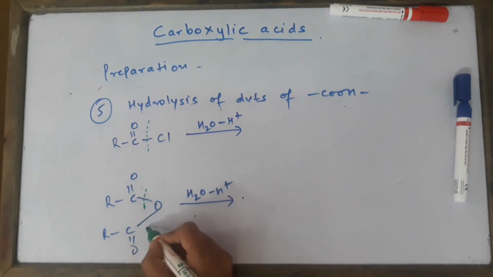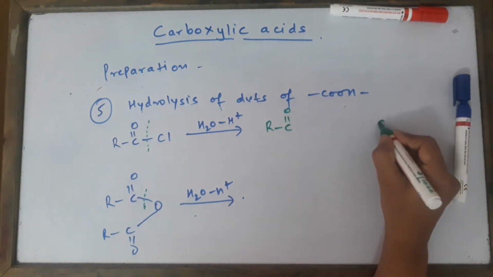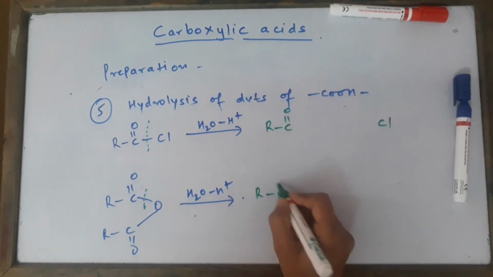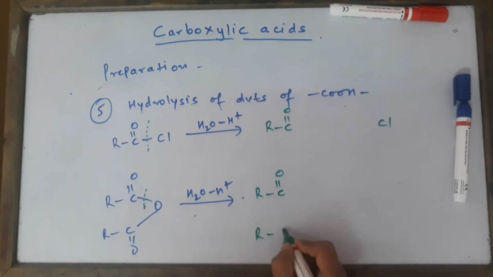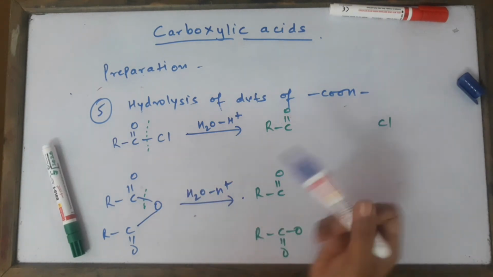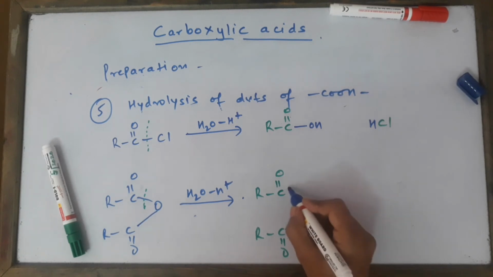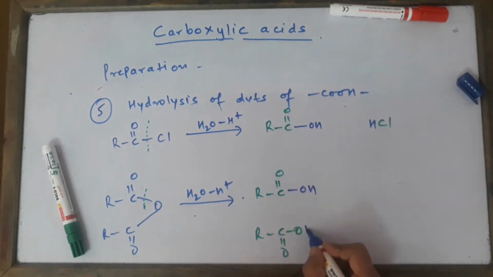You can break this bond also. So we'll be getting RC double bond O, and we'll be getting Cl. Here we'll be getting RC double bond O, and RC double bond O. So this is how I have broken the reactant. Now children, from water I am going to write OH, from water I am going to write H, from water I am going to write OH, from water I am going to write H.